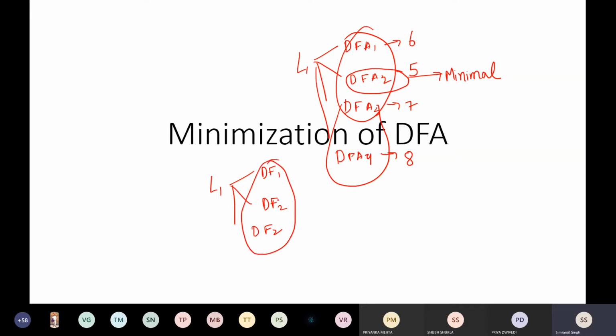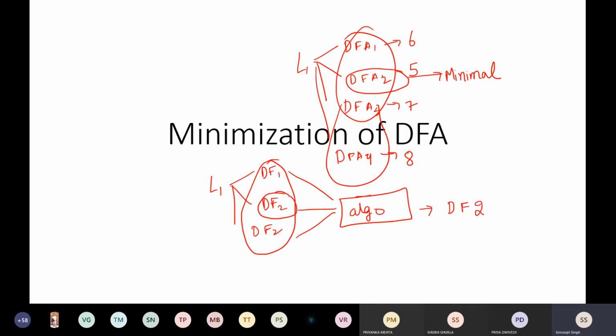But there is an algorithm that minimizes the number of states. I give these 3 DFAs as input to this algorithm, suppose with 6 states, 5 states and 7 states, and the algorithm outputs the same DFA2, which has 5 states.